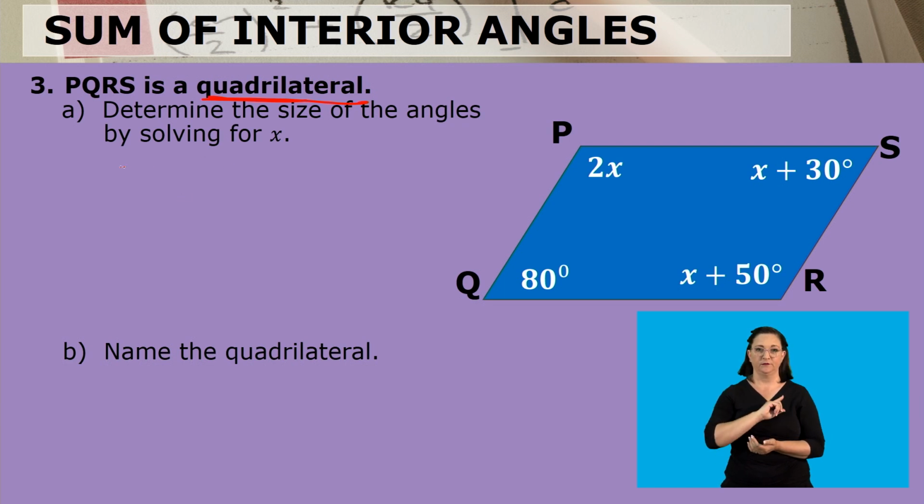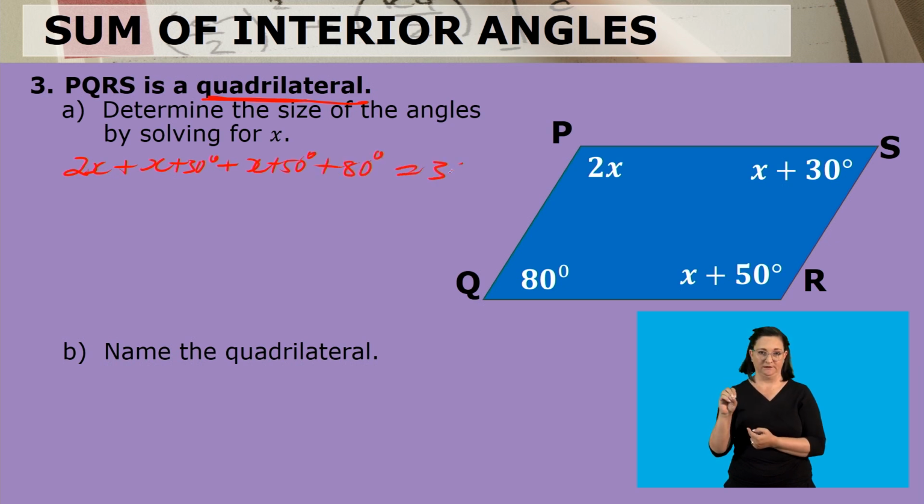So that means we can add all these angles, which is 2x plus x plus 30 degrees plus x plus 50 degrees plus 80 degrees, and we know that they will equal 360 because they are interior angles of a quad.